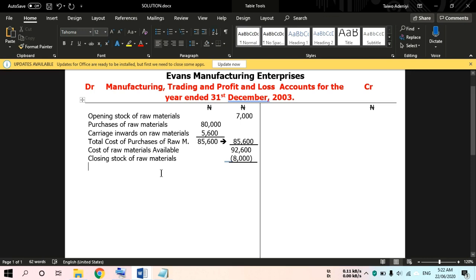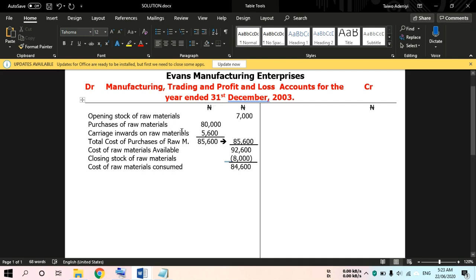And that will give us cost of raw materials consumed. So we'll get the difference. That will give us 84,600 naira. That's cost of raw materials consumed.